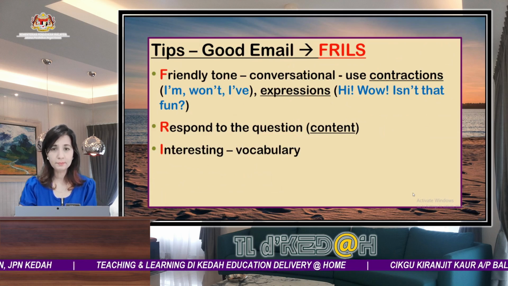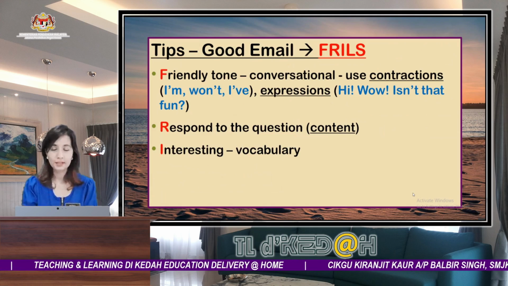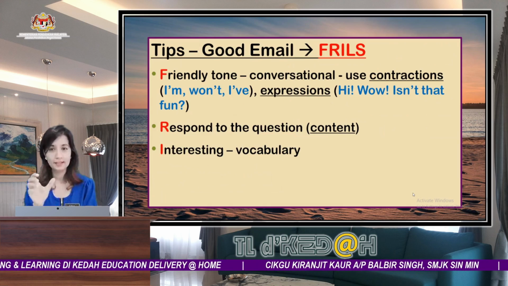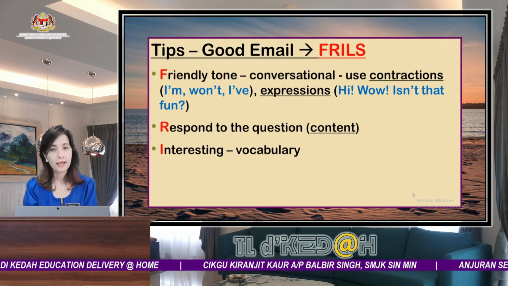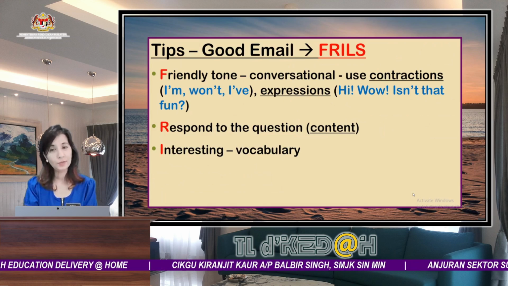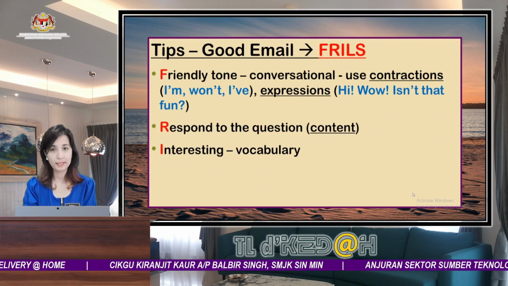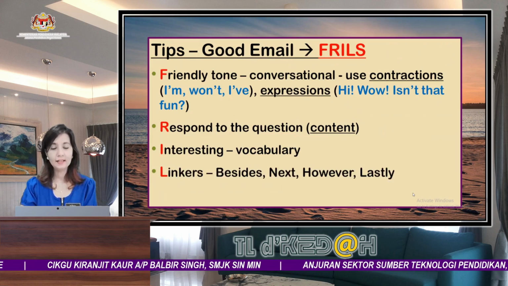Put some vocabulary. It's like putting on some makeup, you know. Otherwise, your face is pale. Put some powder, comb your hair. The same goes for your email and any form of writing. Add some vocabulary. That will make your writing, in this case email, interesting and fun to read.